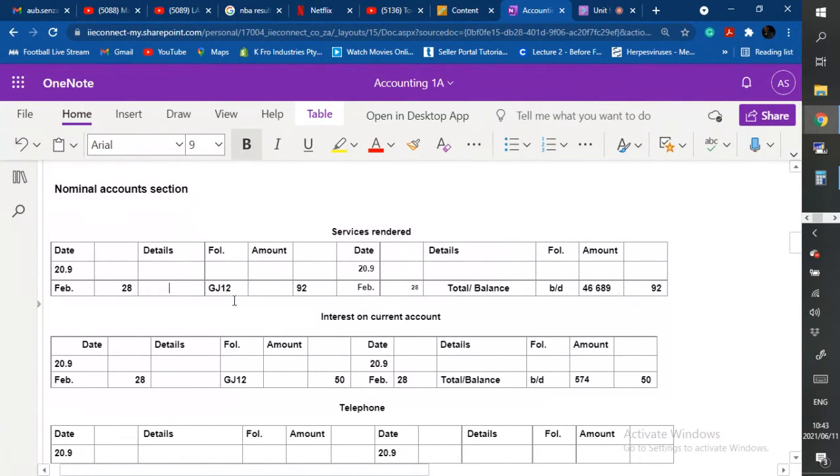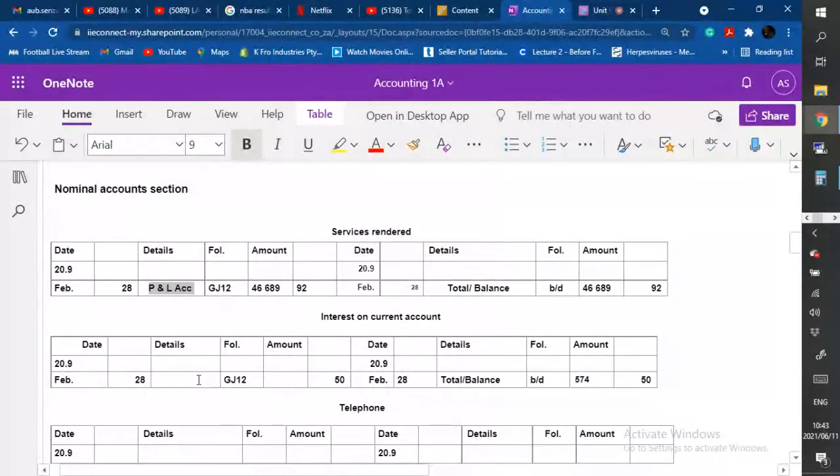To close it off, we need an equal and opposite entry, closing it off to the profit and loss account. All you do is say the same amount that we have on the credit side. Dealt with that one.